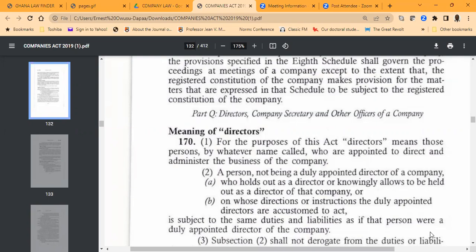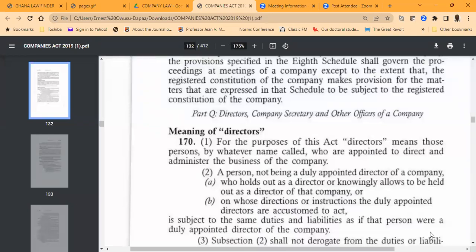And that is why section 170 of Act 992 is reminding us that you are a director for purposes of company law if you are appointed to do two things: to direct and administer the business of the company. So if you are directing and administering the business of the company, then to all intents and purposes, you are a director.